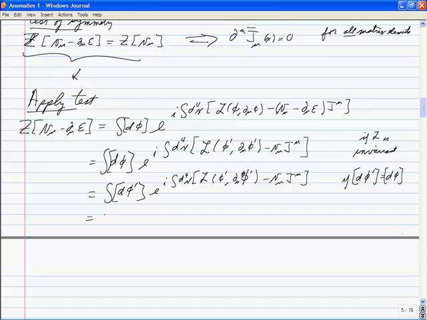And so then this is equal to z of v. Okay. So it looks like we've reproduced Noether's theorem.